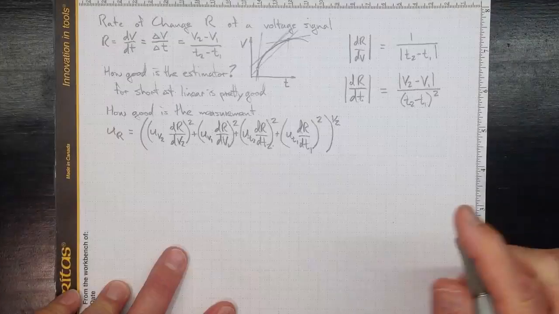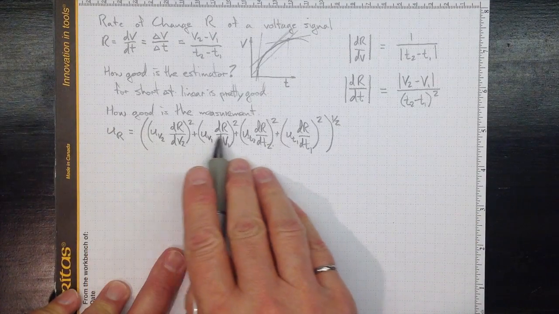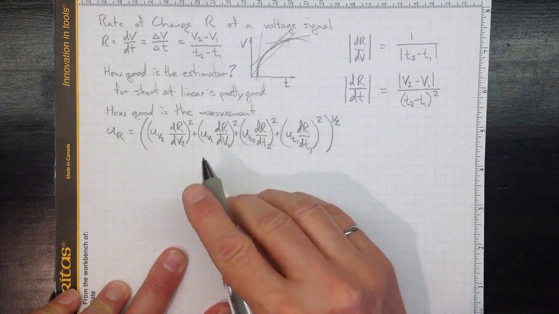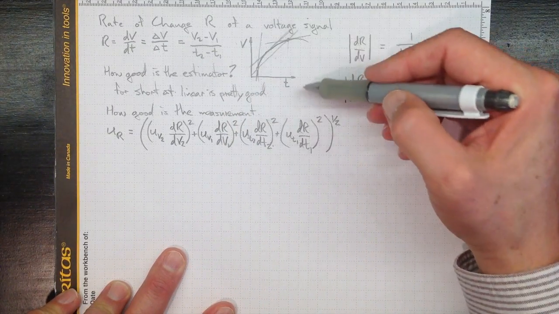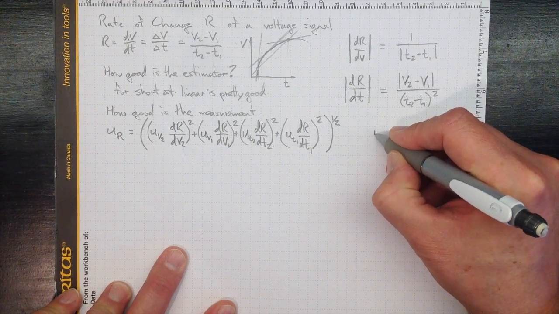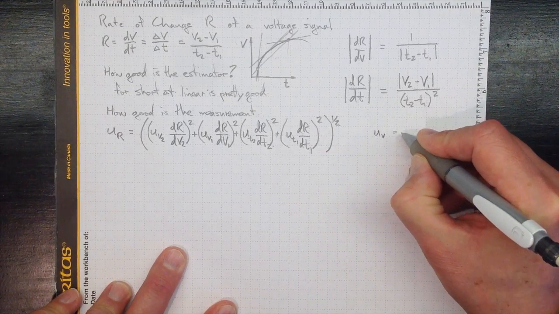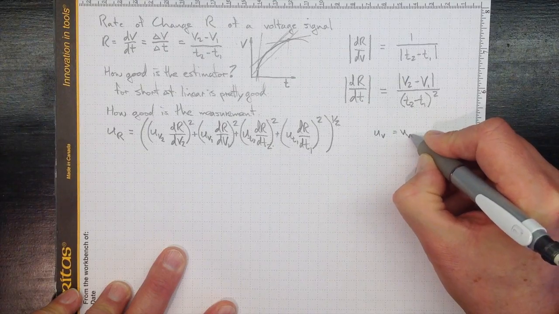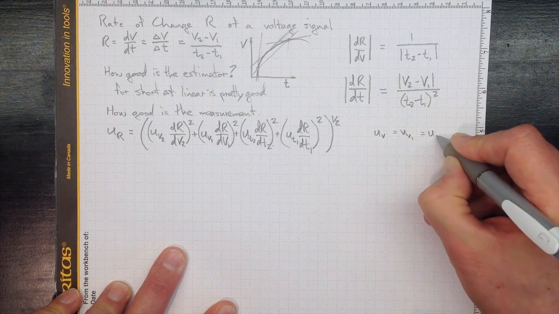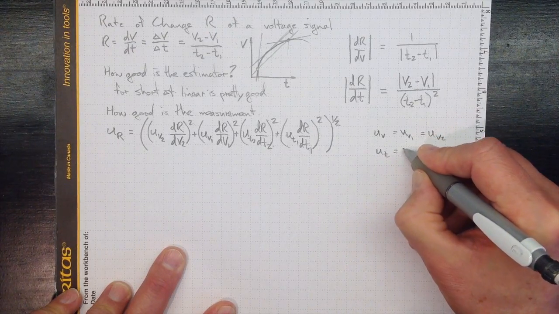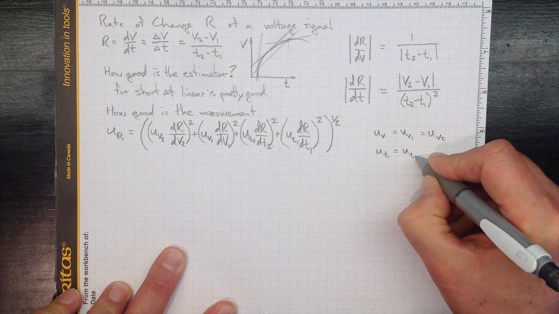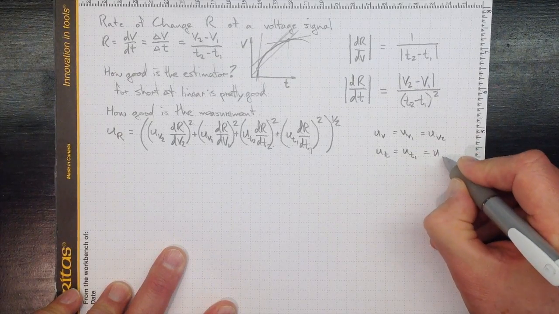squared. So if we've got this uncertainty in our result and we're making the voltage measurement with the same voltage device and the time measurement with the same time base, then the uncertainty in the voltage will be the same whether we're looking at V1 or V2, and the uncertainty in time will be the same whether we're looking at the uncertainty in time T1 or T2.